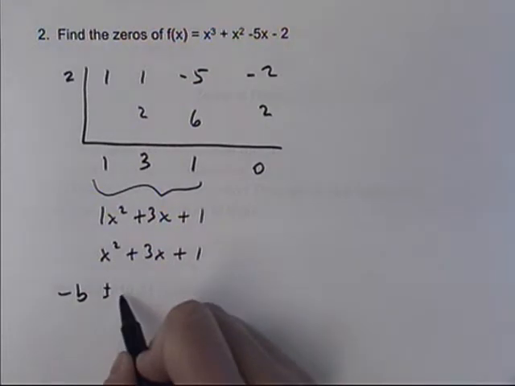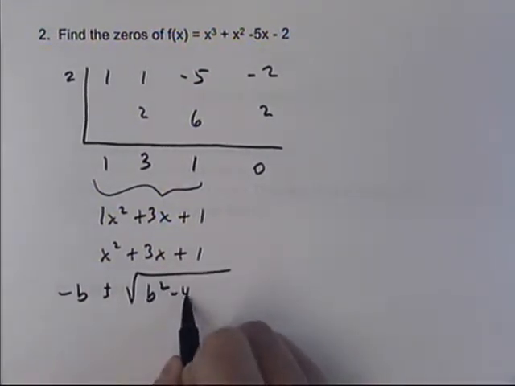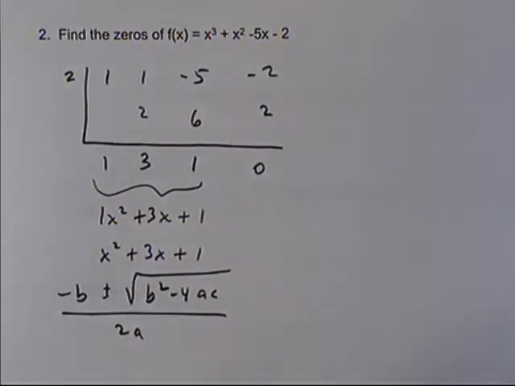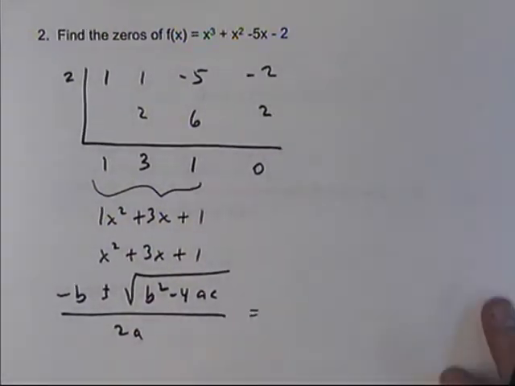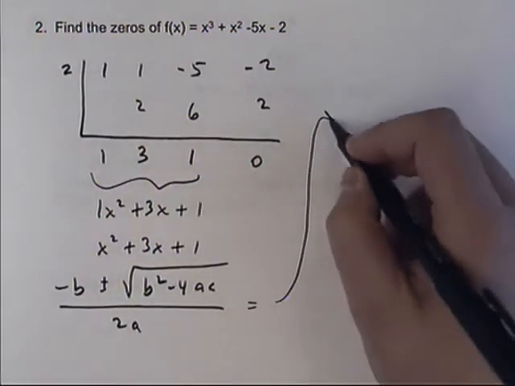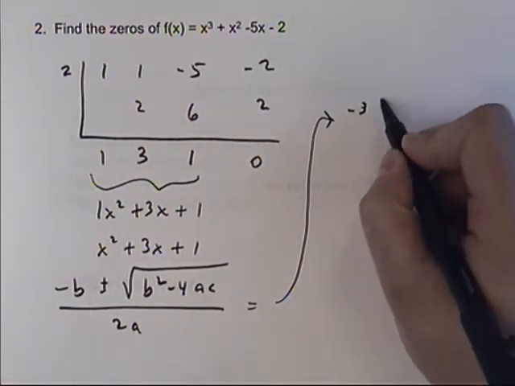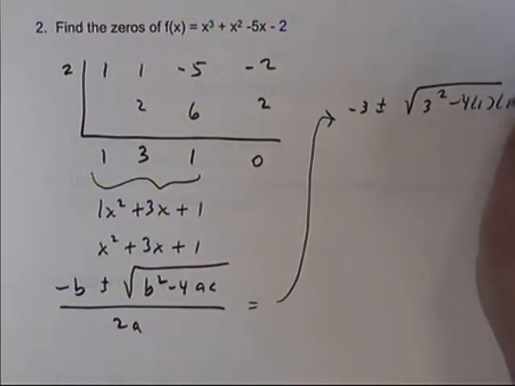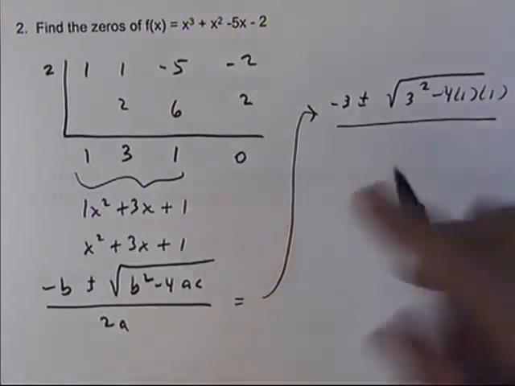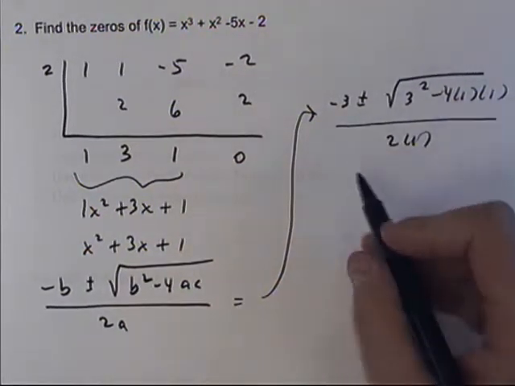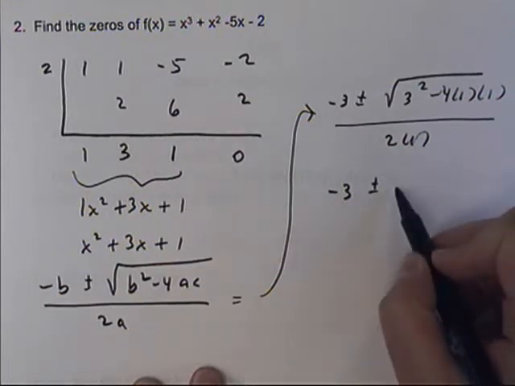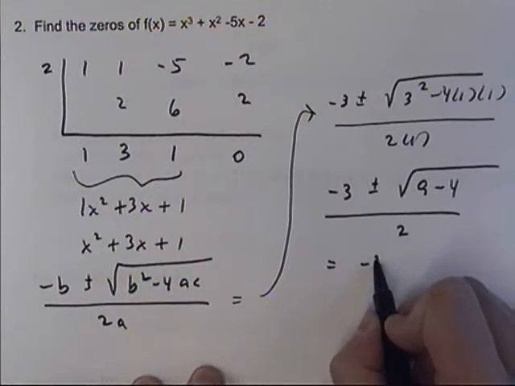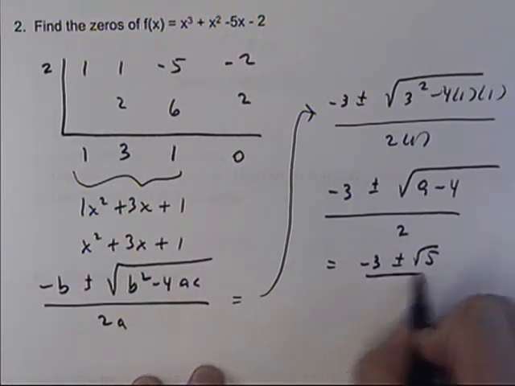So that's negative b plus or minus the square root of b squared minus 4ac all over 2a. So if I substitute my numbers in here, I get negative 3 plus or minus the square root of 3 squared minus 4 times 1 all over 2 times 1, which gives me negative 3 plus or minus the square root of 9 minus 4 over 2, or negative 3 plus or minus the square root of 5 over 2.